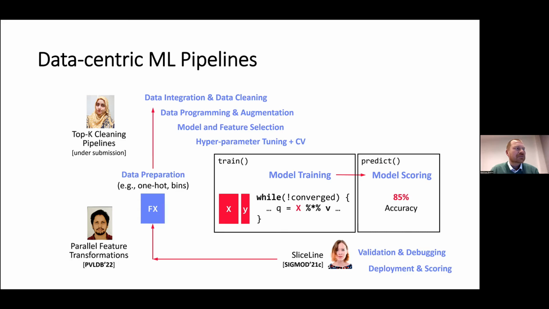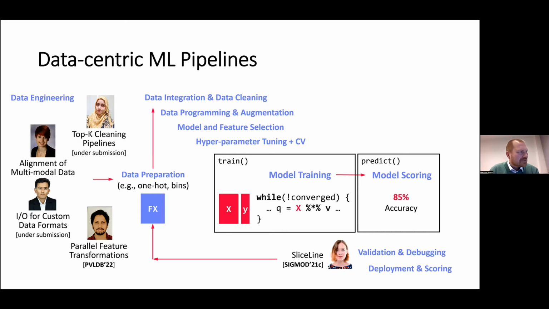Recent work also touches upon how we can actually automatically enumerate data cleaning pipelines and essentially apply hyperparameter tuning to the strongly data-dependent parameters of those data cleaning pipelines. And very recently, we also look more and more into the space of data engineering. With works of taking custom examples of custom data formats and automatically generating efficient readers, as well as how we can perform multimodal alignment of multiple modalities.